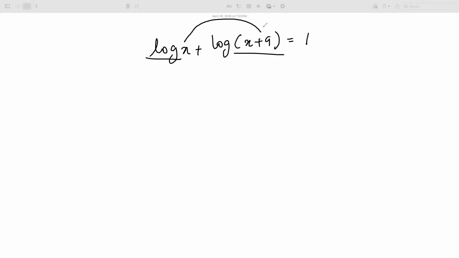So let's see this one. How about this? log x plus log of (x plus 9) equal to 1. Can we try doing this by yourself? Basically, here it is addition, so when you condense it, it will be multiplication. But when you multiply, it becomes a quadratic expression.